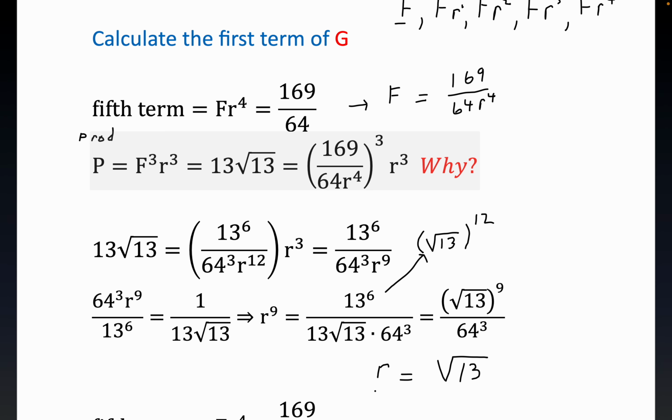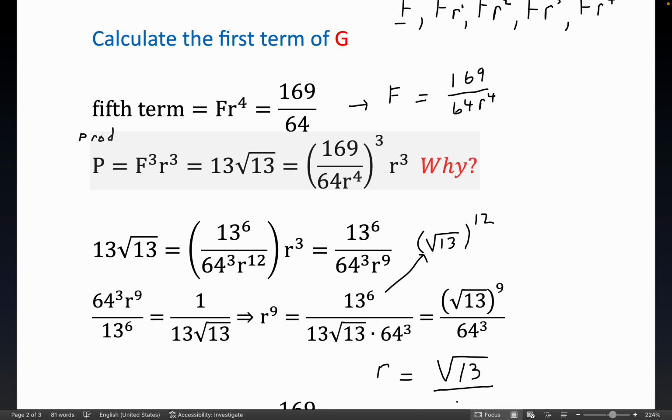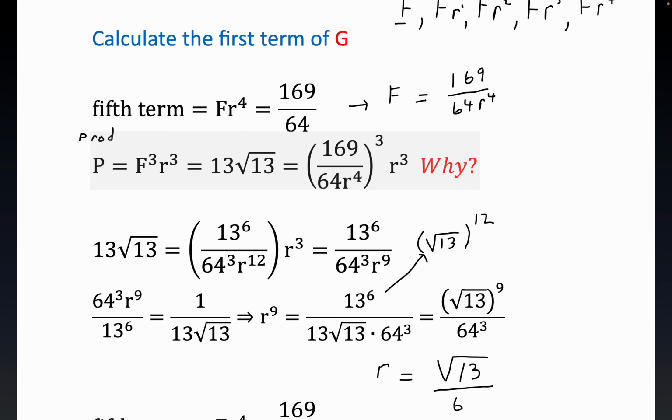Now here, folks, this is the ninth root of 64 raised to the third power, but that would be 64 to the 1/3, right? We're using rational exponents there, but you could think of it as radical notation as well. And so we found our common ratio, which is good news: the square root of 13 over 4. So that is the common ratio of our five-element geometric progression. Okay, so r is equal to this.